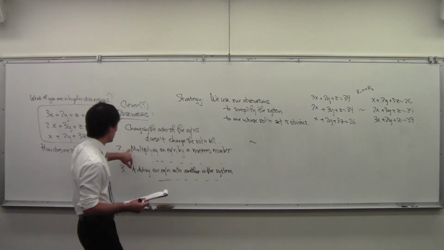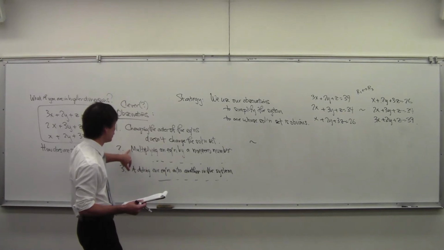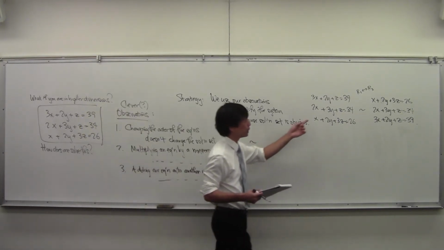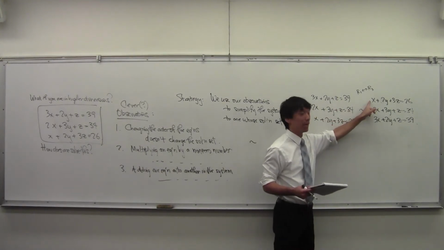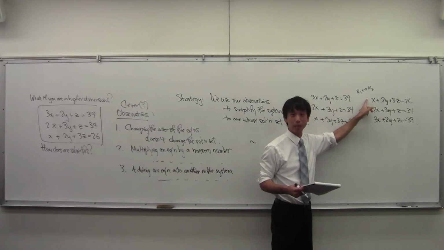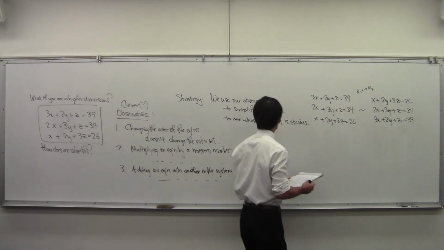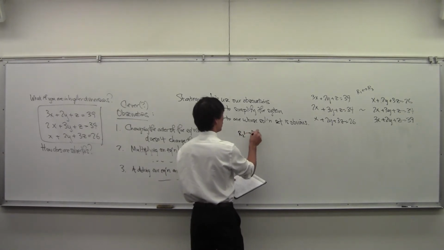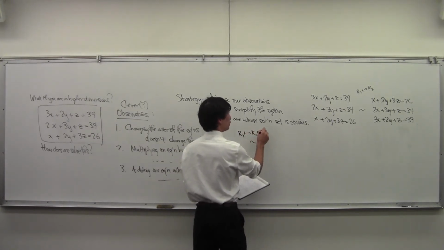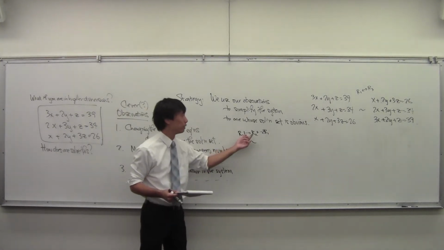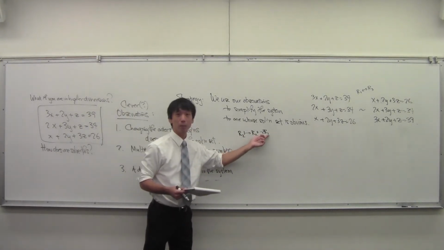I'm going to do two things sort of at once. I'm going to multiply the first row by -2 and add it onto the second row. So row 2 turns into row 2 plus -2 copies of row 1, row 2 minus 2 copies of row 1.